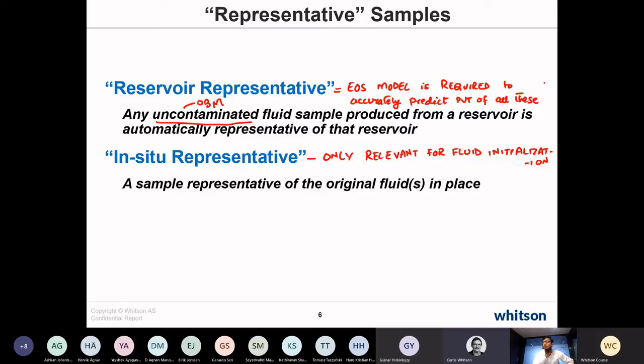So you have to build the equation of state with oil-based mud contaminants in that case. You do that as best you can. The component slate and the properties of the components in the equation of state for the oil-based mud components need to be done according to whatever the oil-based mud consists of, and you do your best job.